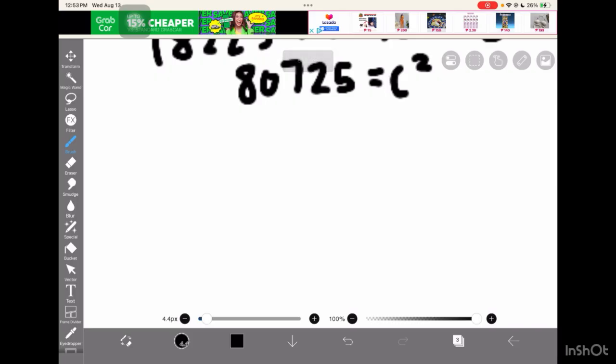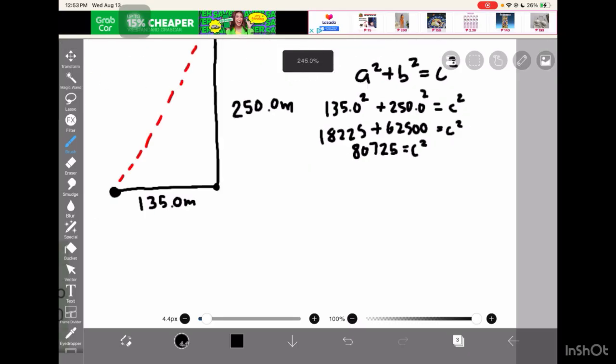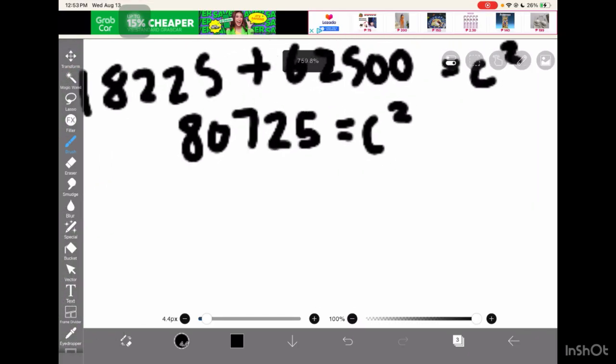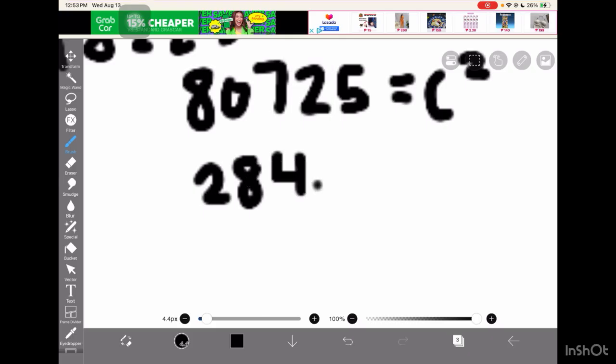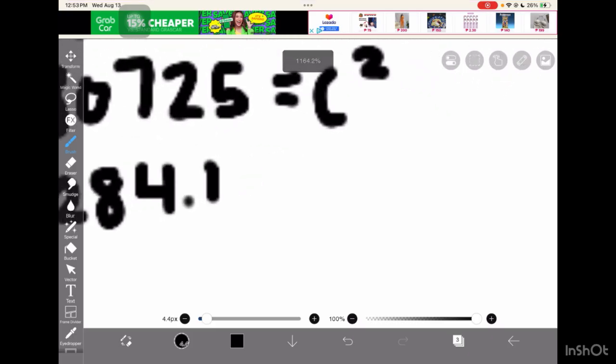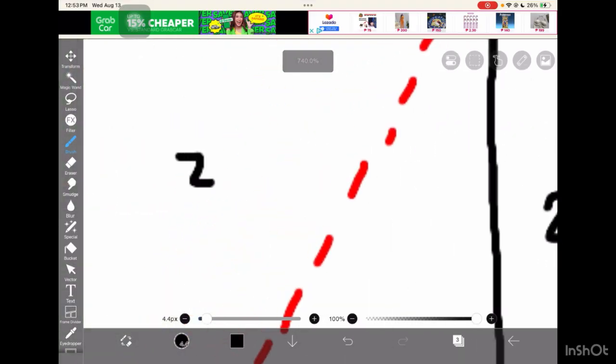And then square root your answer in the calculator to get, okay, we follow the same significant figures, so 284.1 meters equals c. So that is your displacement, 284.1 meters.